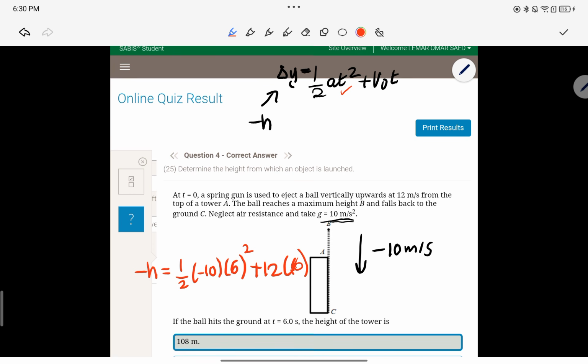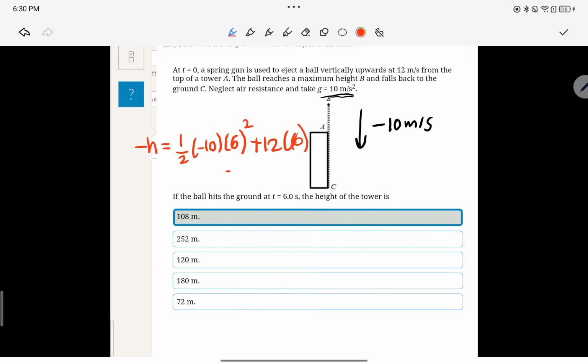Okay, wait, let me just do it on the calculator. Yeah, that's correct. It's negative 108. So negative h equals negative 108. You will get h equals 108.